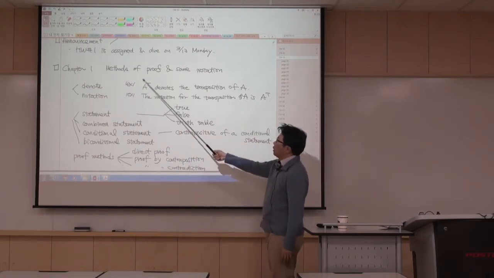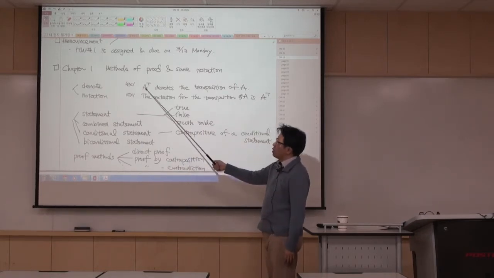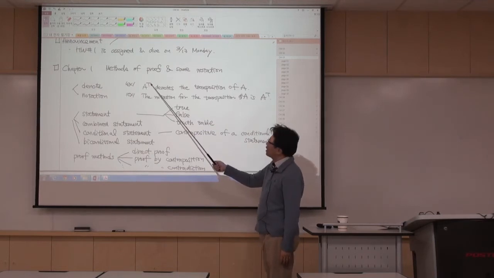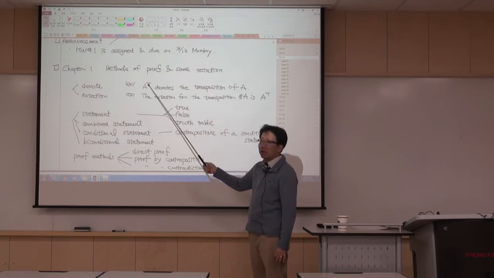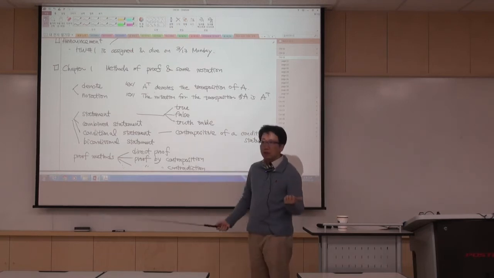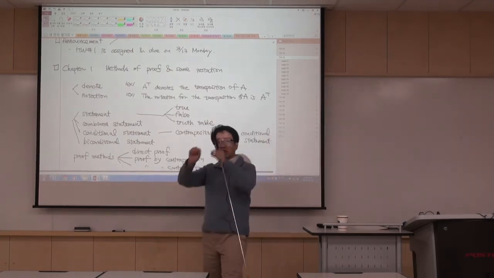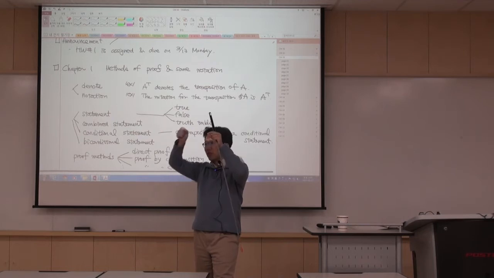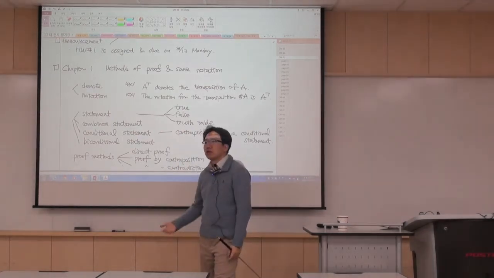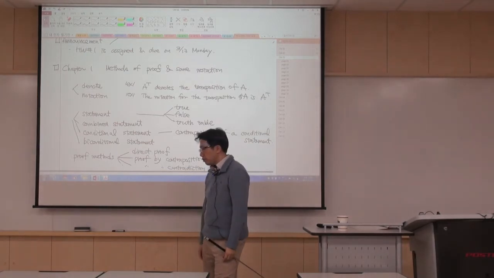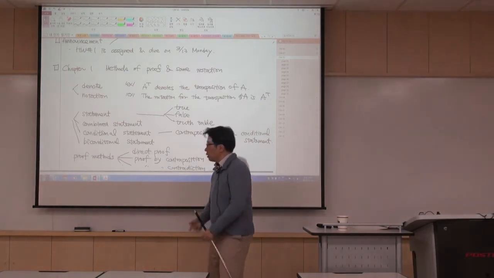For example, A superscript capital T. Actually this is not a superscript. Sometimes you use the alphabet T, but in this textbook it used just a figure that looks like T. So it depends on your choice.